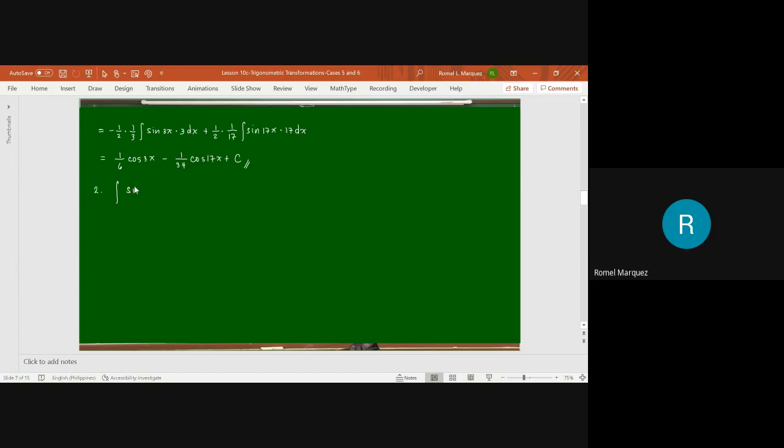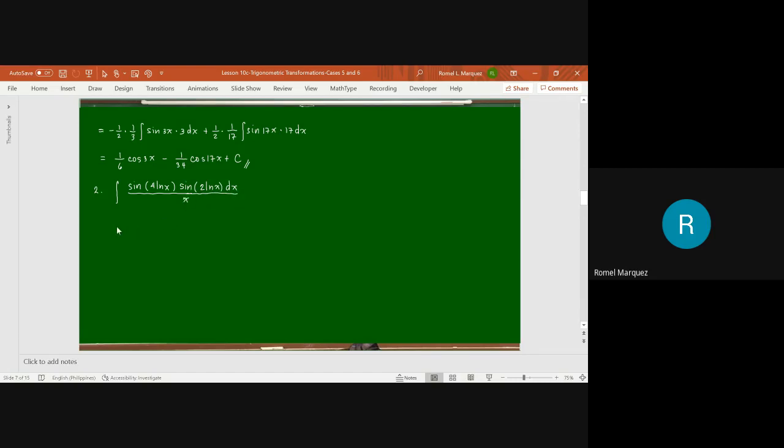What if I have sine of 4 ln x cosine of, let's have sine, sine of 2 ln x dx all over x.